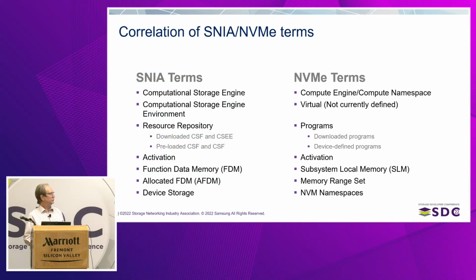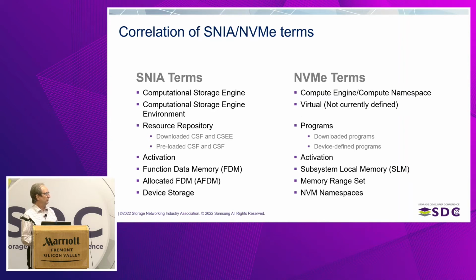So the correlation of terms. First I'll start by going through this in a verbal description and then show graphically how they correlate to each other. The SNIA term is a computational storage engine. Within NVMe, that is a compute engine, and that is actually associated with a unique compute namespace.